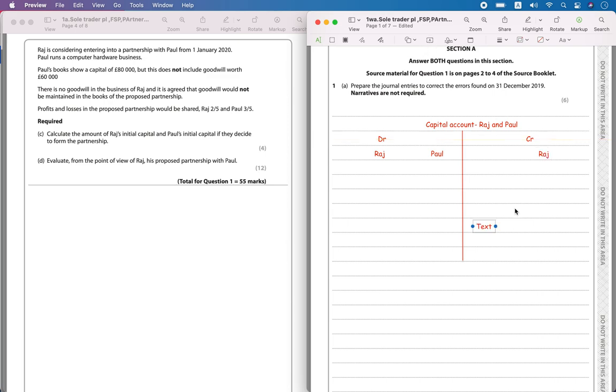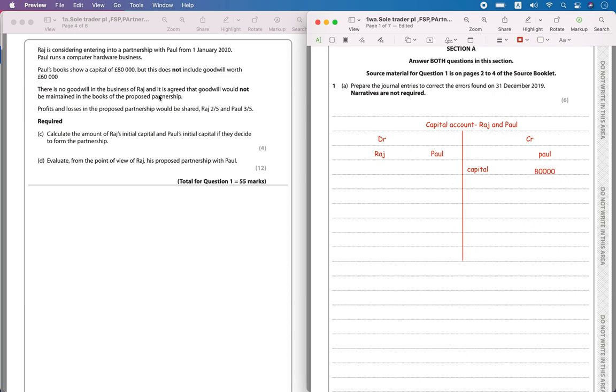Initially in Paul's book, the capital was 80,000.